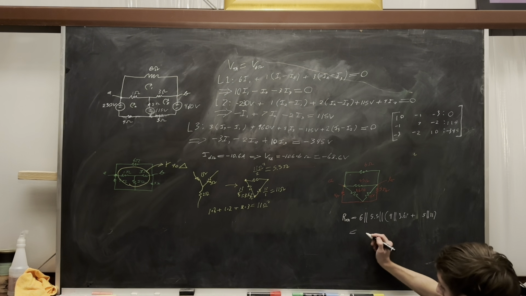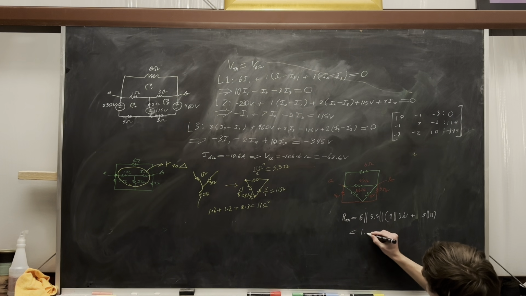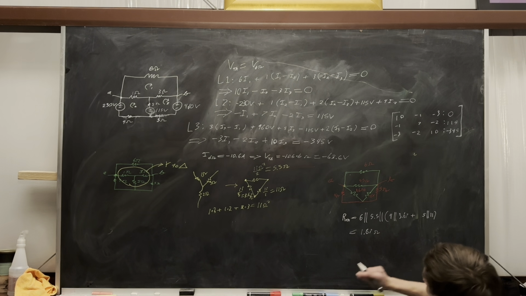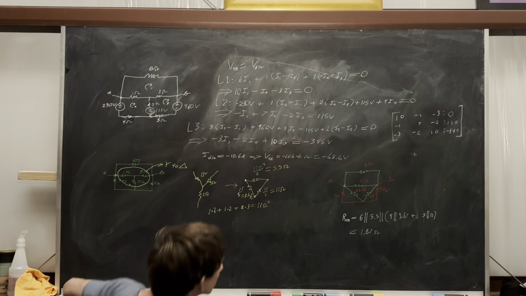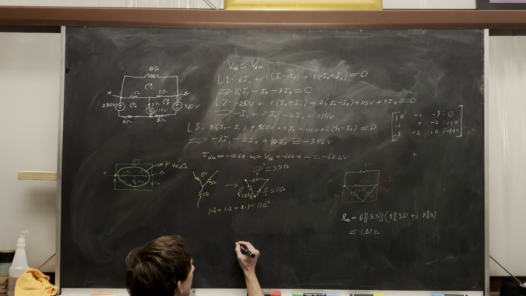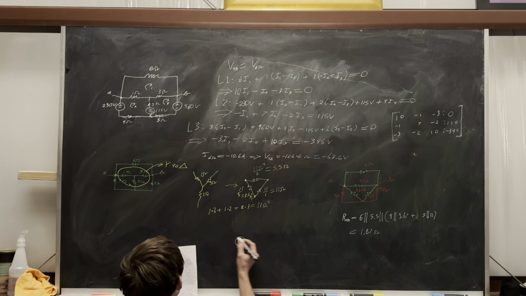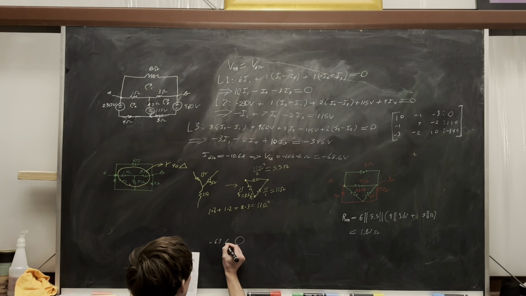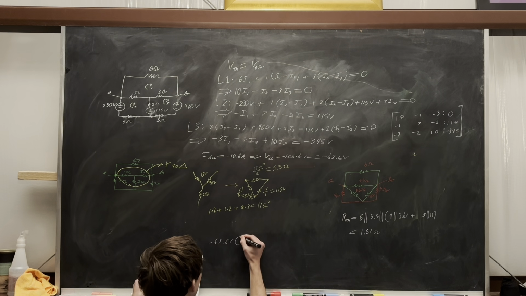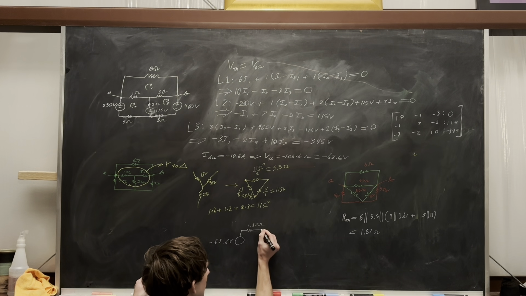Plug that into a calculator and get 1.87 ohms. So if we redraw the whole thing, we get minus 63.6 volts and 1.87 ohms.